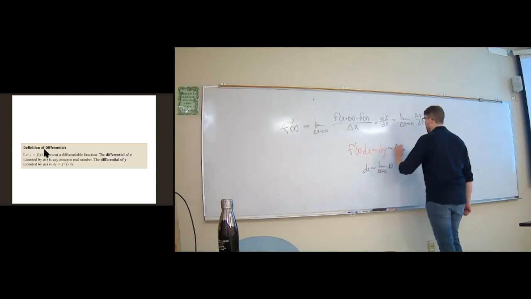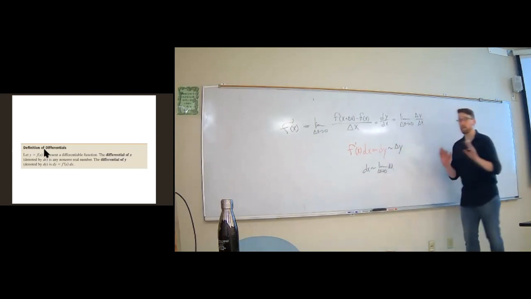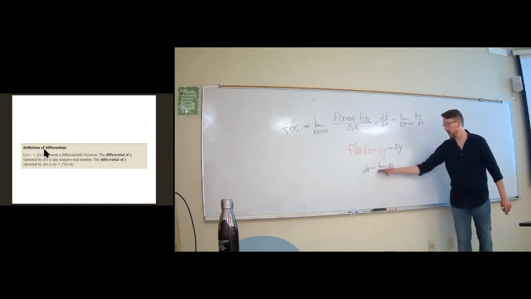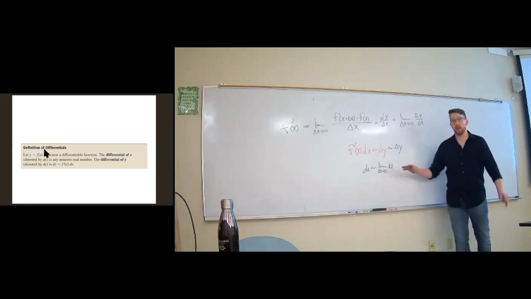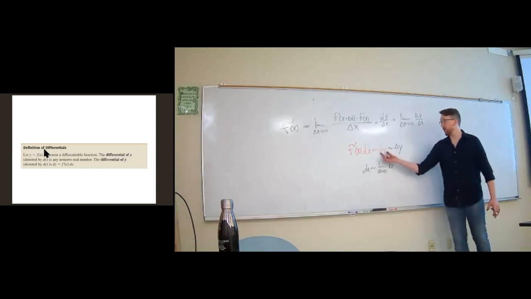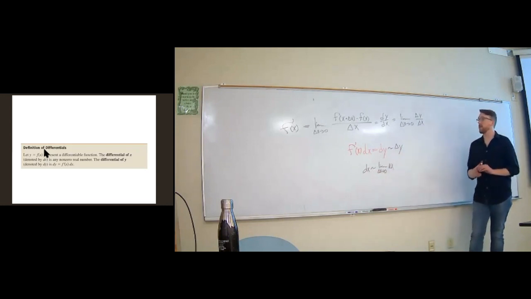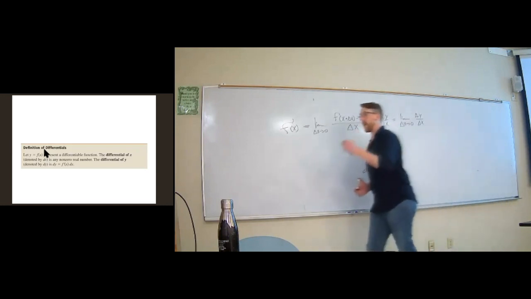These are not the same things. I have to be clear here. dy and delta y are not the same things. dx and the limit as delta x goes to 0 of delta x. These are not the same things. They're analogous, not the same. dy is a differential, dx is a differential, and they represent the infinitesimal changes in x and y.